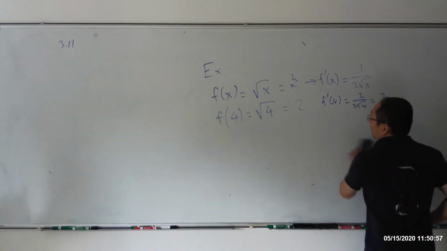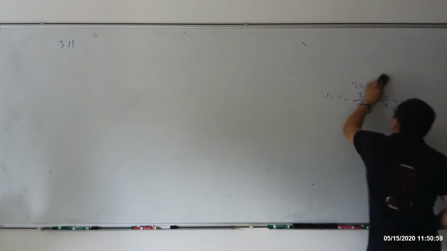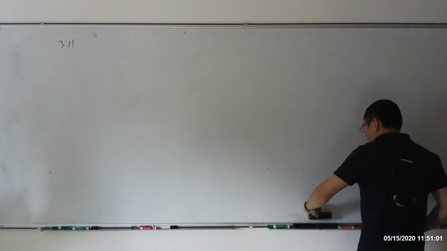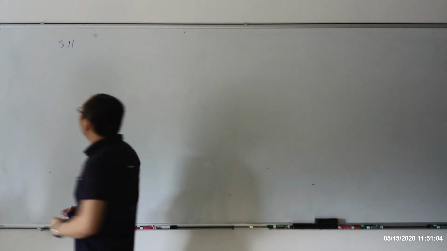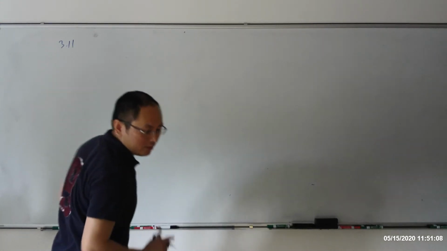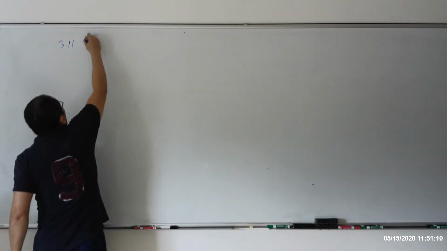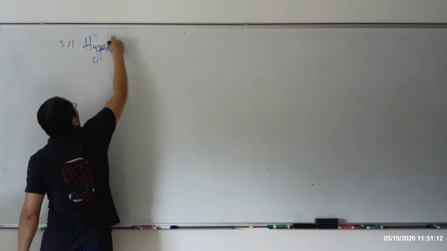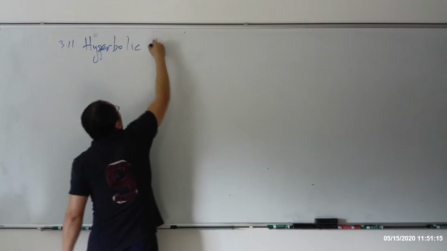Play around with it and remember the formulas. That's all. We learn trig on the circle. Now we learn trig on the hyperbola. So we call it hyperbolic trig functions.